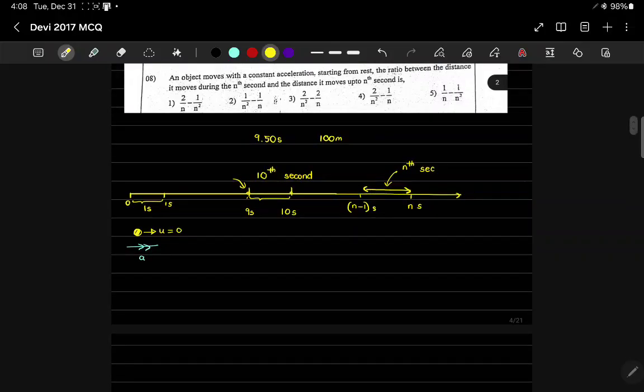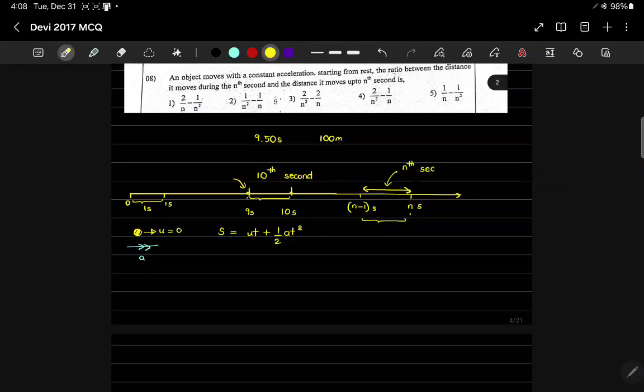Let's use the equation s equals ut plus half at squared, because we are dealing with time here. First of all, we need the distance that it moved during this portion.